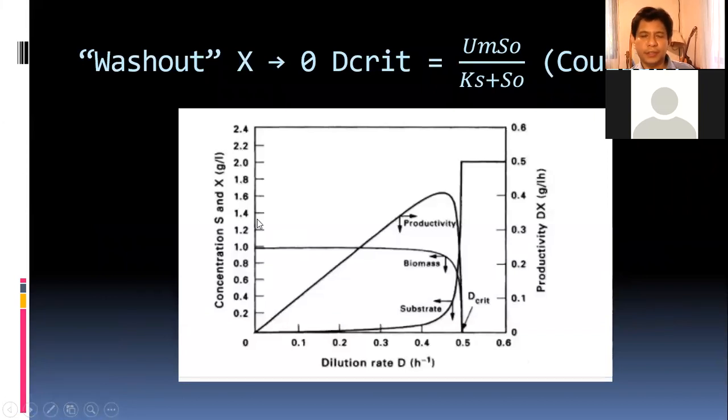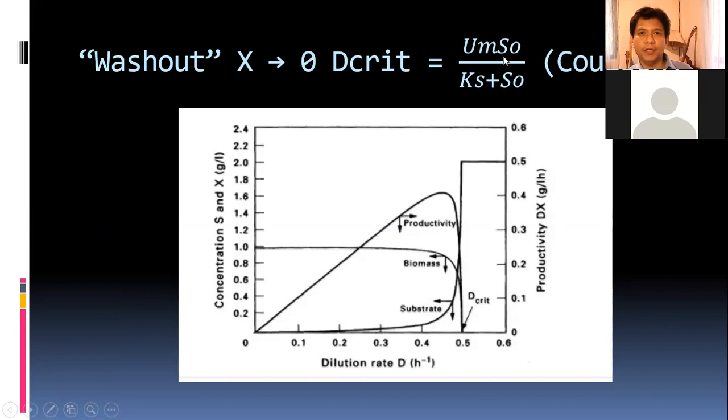Okay. Sunod is the critical D or critical dilution rate. So ang kanyang symbol ay D critical. So basically you can find this by substituting the initial concentration of the substrate sa S. No?